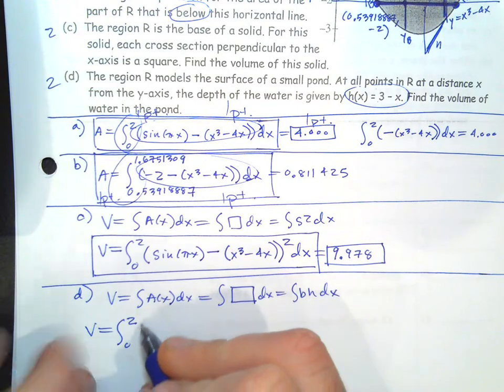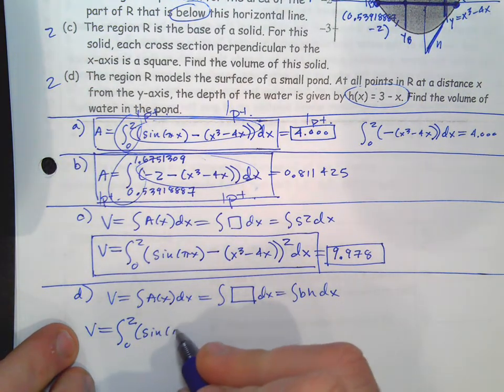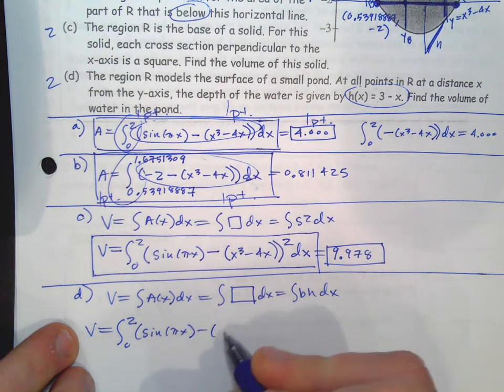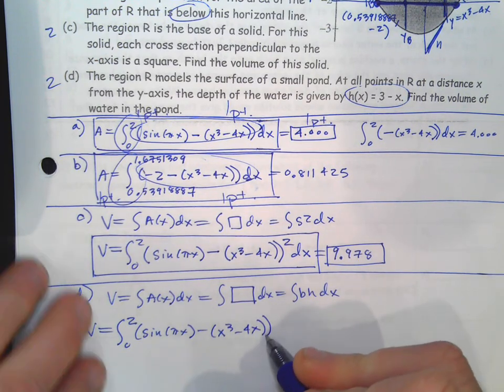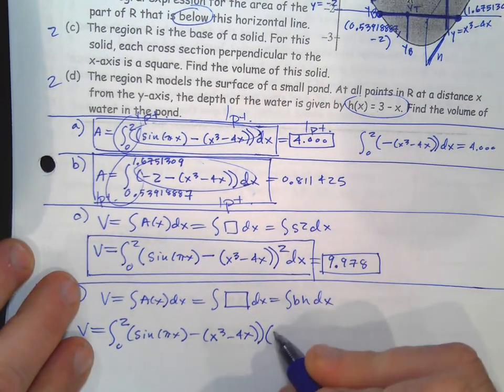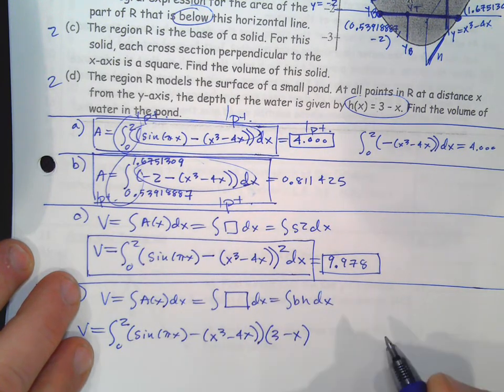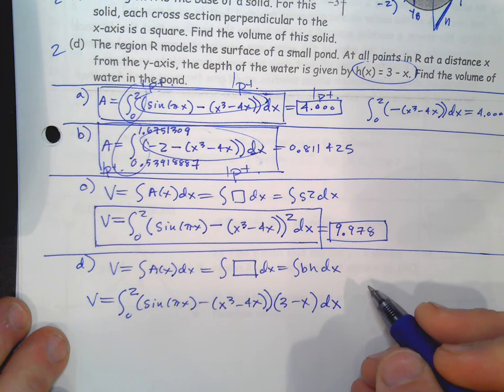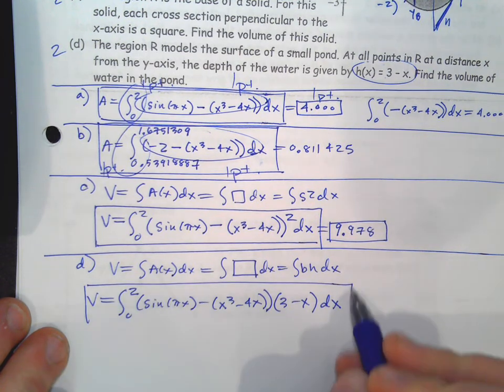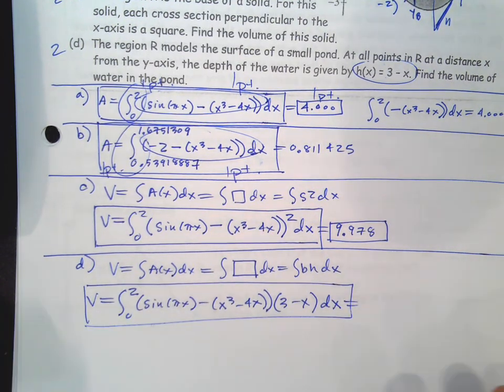It's sine pi x minus parentheses x cubed minus 4x. So that's the base. The height is 3 minus x. They gave that to us, right? dx. So that's your setup. And now we're going to plug it into our calculator.